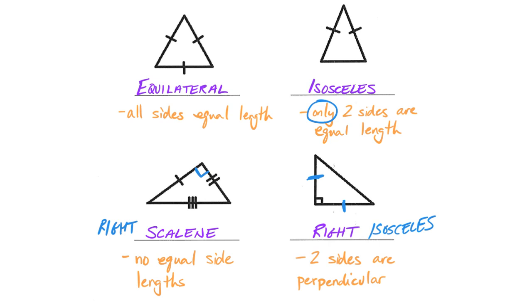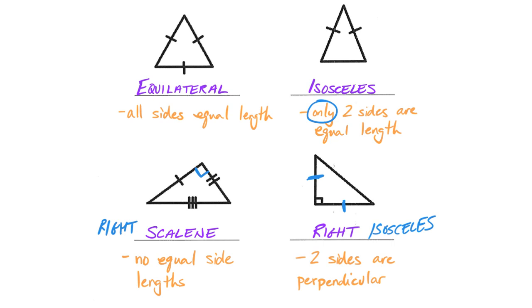However, I hope that we're good that you cannot have an equilateral right triangle, that we've got that property from our past that says if all sides are equal, then all angles are equal. Therefore, all of those angles are 60 degrees. I cannot then have a right equilateral. Okay, I'm going to get rid of that to make sure we're good. There's your four triangles. Those are going to be the triangles you are responsible for. I guess 5 if you add in the right isosceles, right scalene. But those are the triangles that you're going to be responsible for working with.